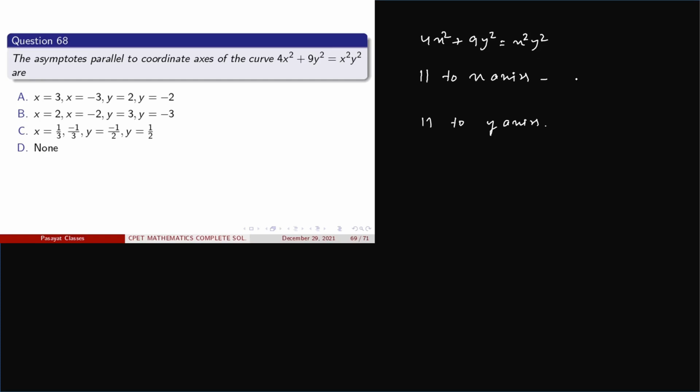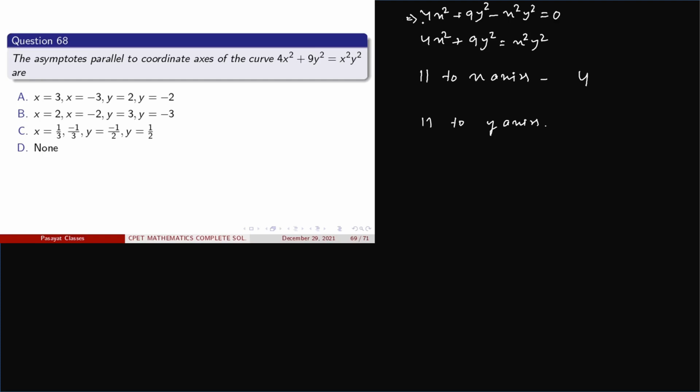So from this, first of all rewriting this equation as 4x square plus 9y square minus x square y square is equal to 0.